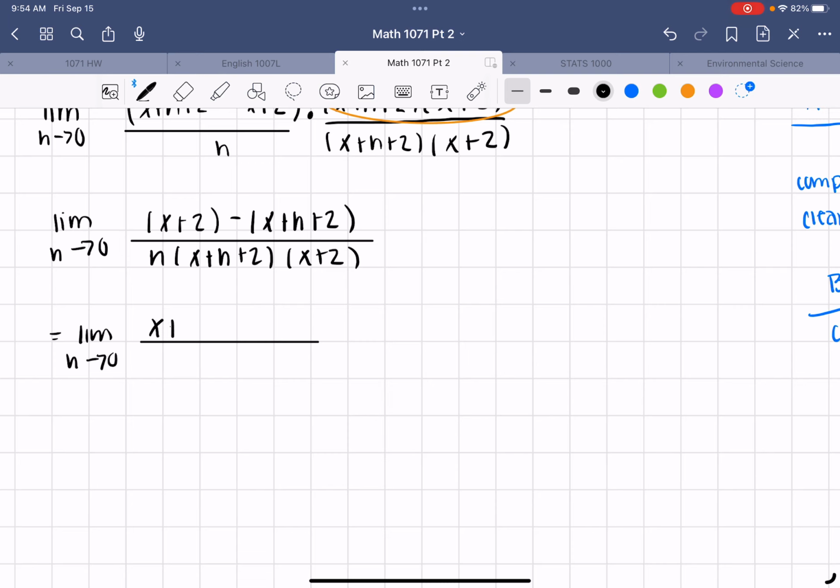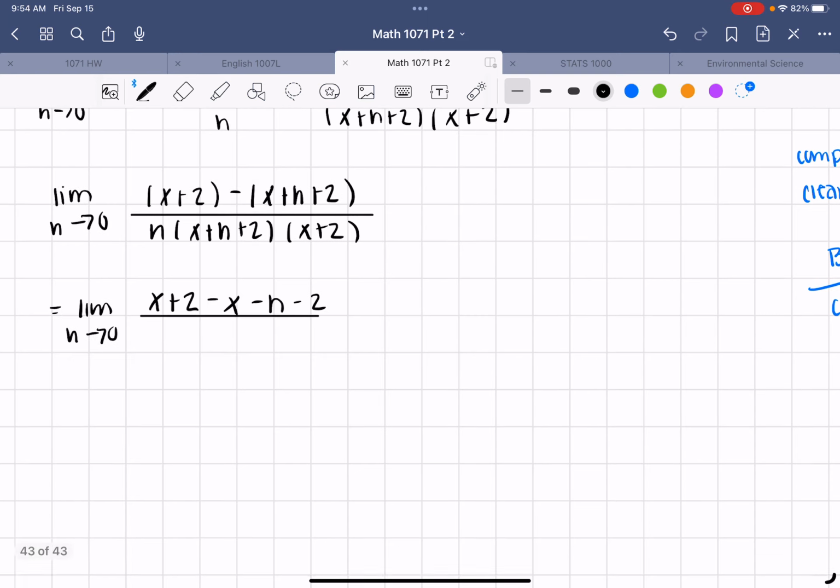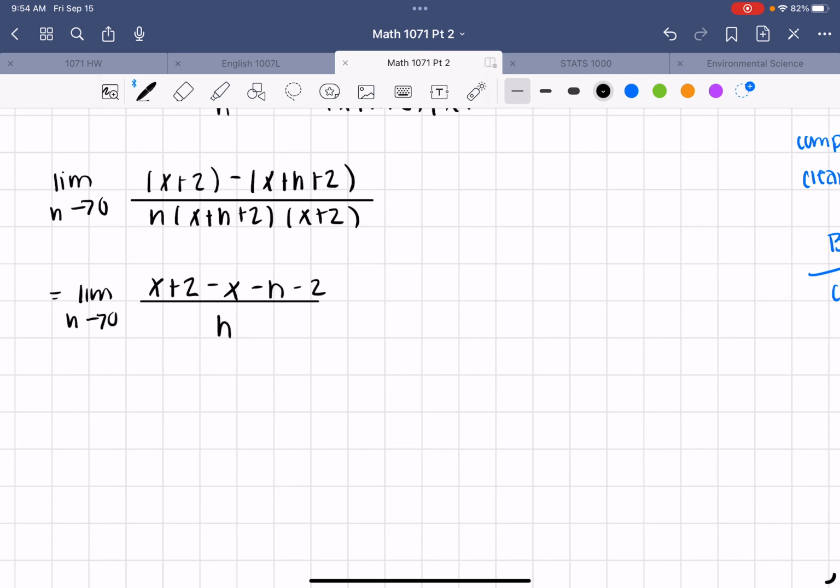So you end up with x plus 2 times x plus 2, which is negative 1 over x plus 2 squared, which is what I predicted in purple up here. Okay? So this might have been a tad harder because it was a compound fraction.